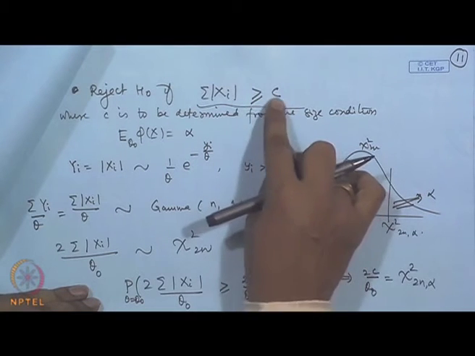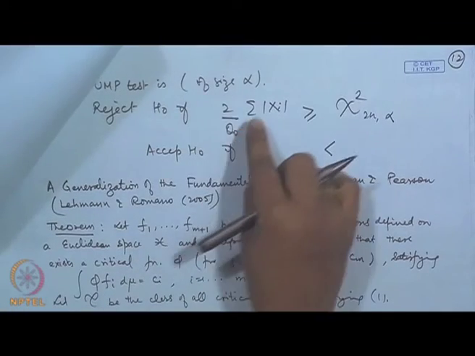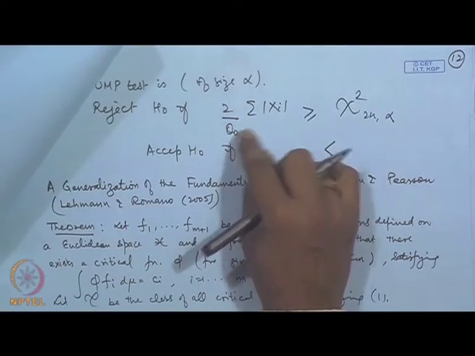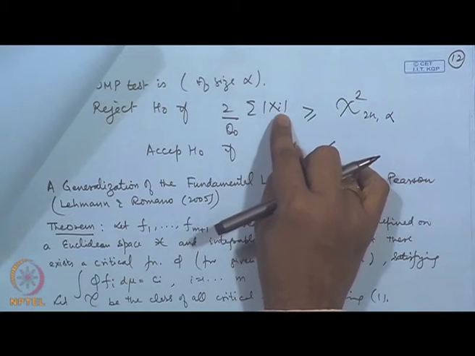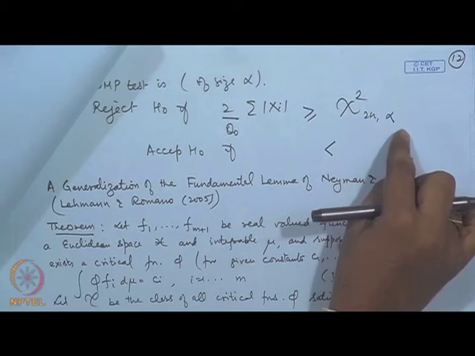We were able to determine this constant also. The final form was: reject H naught if 2 by theta naught sigma modulus x i is greater than or equal to chi square 2n, alpha. So, let us write this.